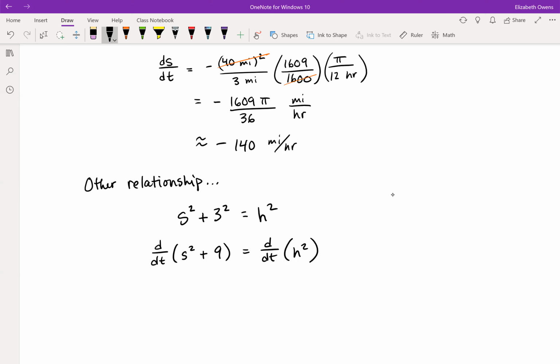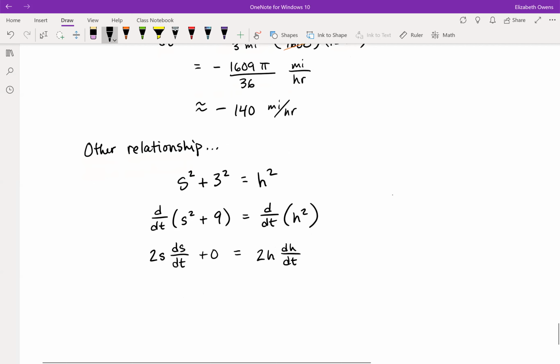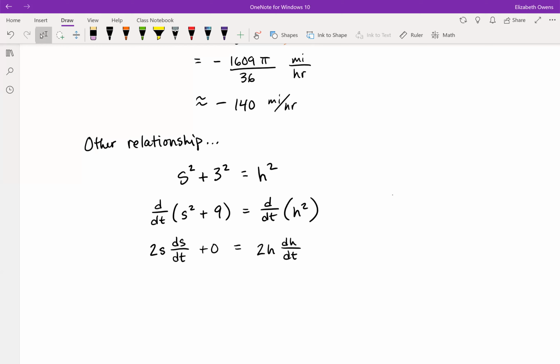Okay. And for this first term, d/dt of s squared, that's going to be 2s ds/dt. So we do actually have the rate that we're looking for there. Okay, that's good. And then you'd have plus 0 from that second term. And over here you'd have 2h dh/dt. So that might not look too bad initially.